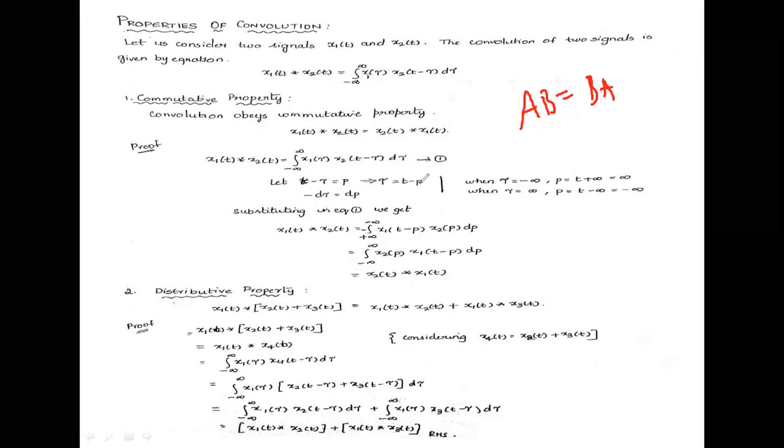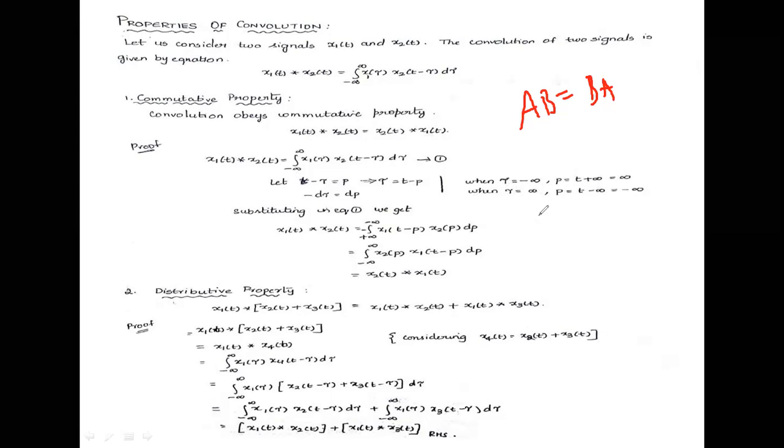When tau is equal to minus infinity, p is equal to t plus infinity, that is, plus infinity. And when tau is equal to plus infinity, the p value is minus infinity. So the limits change from minus infinity to infinity into infinity to minus infinity. Here the minus sign is there, and changing this minus, the limits can change from minus infinity to infinity.